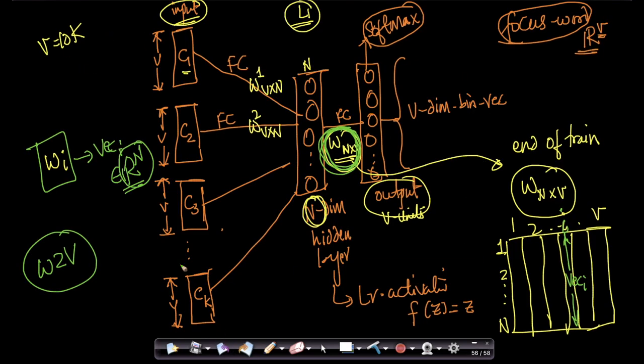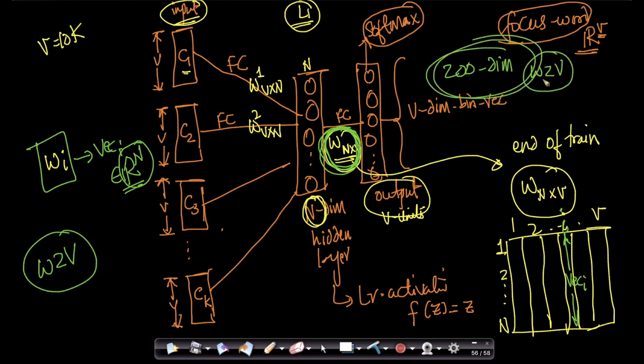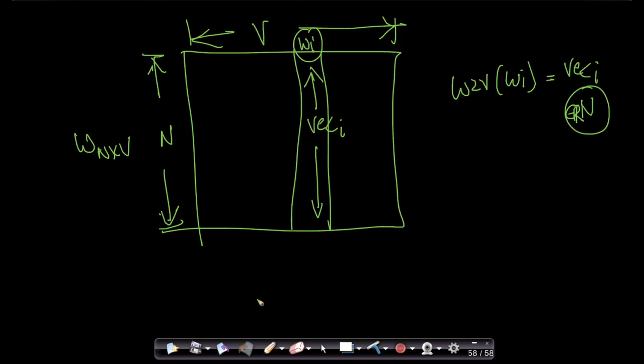So if you want a 200 dimensional Word2Vec, you just set n equal to 200. The vocabulary size is dependent on the data set you're given. You get a 200 dimensional representation at the end of your training, because you're just using this matrix of weights.